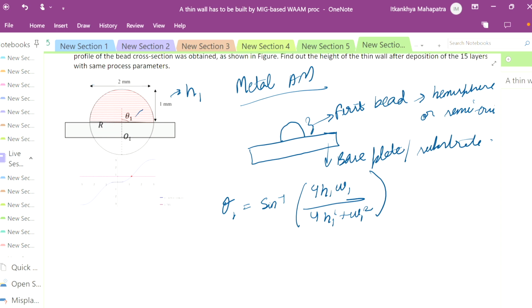We put the values of h1 and w1: w1 is 2 mm, h1 is 1 mm.